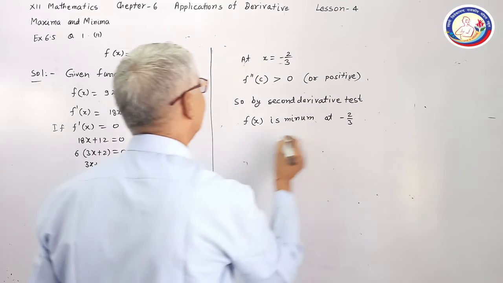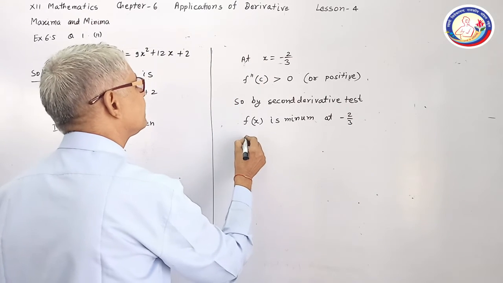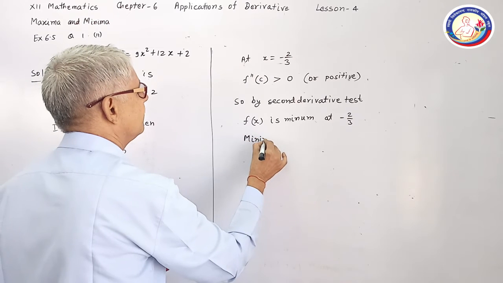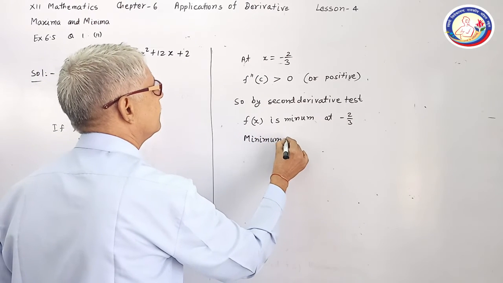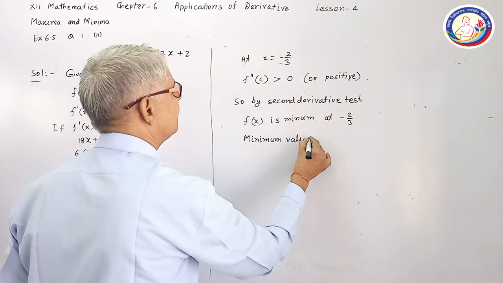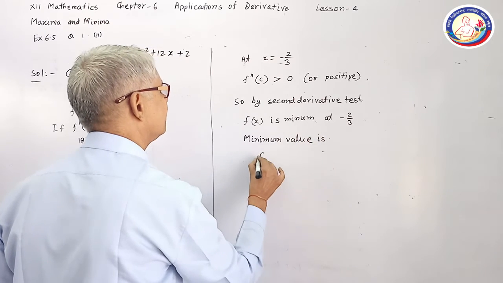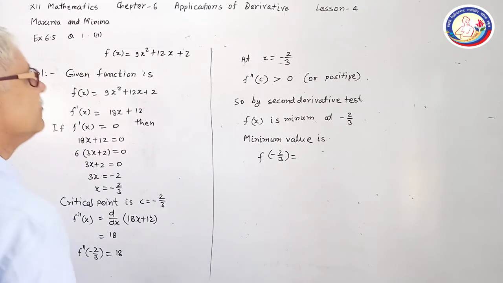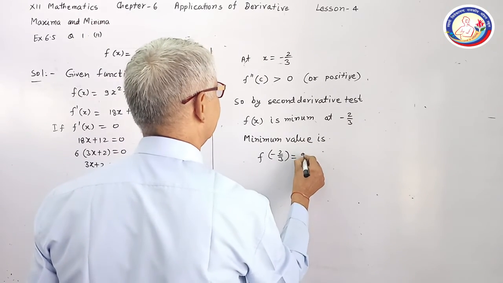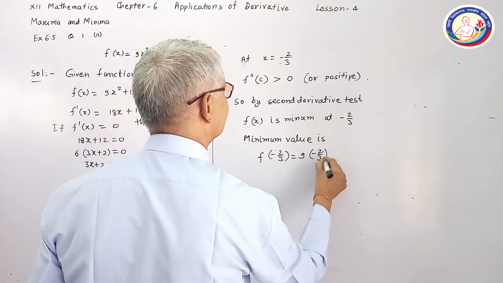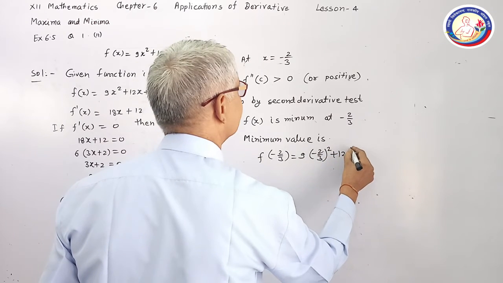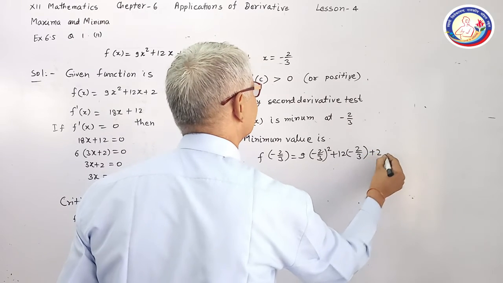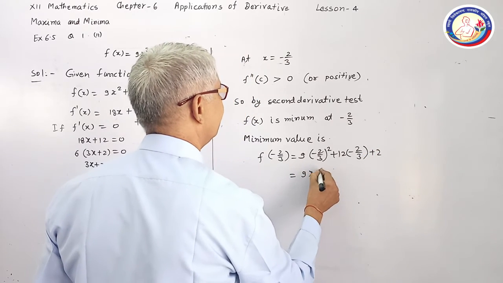And value at minus 2 by 3. Put here the value: 9x square, 9 into minus 2 by 3 whole square, plus 12 into minus 2 by 3 and plus 2. This will be 9 into 4 by 9.